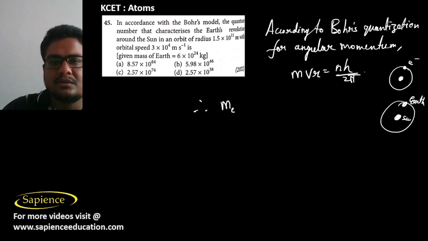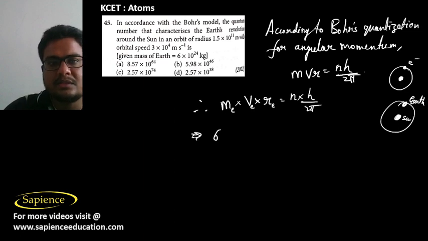Mass of the Earth into the velocity, the orbital speed of the Earth around the Sun, and the radius of the Earth's orbit around the Sun, that is equal to n into h by 2 pi.